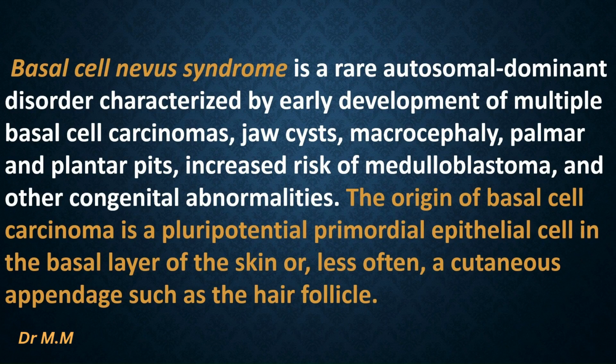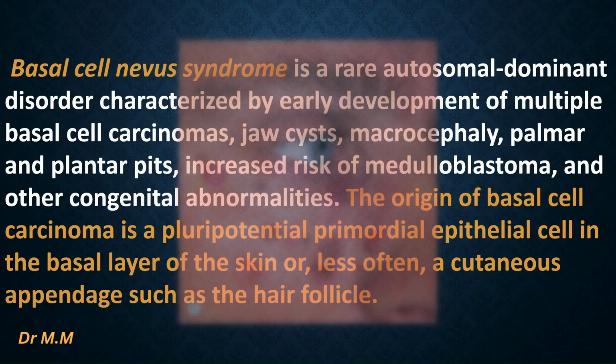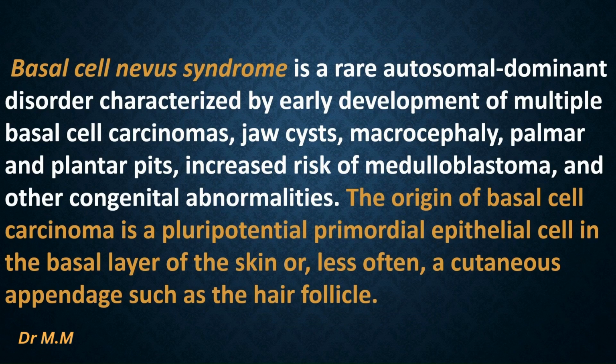Basal cell nevus syndrome is a rare autosomal dominant disorder characterized by early development of multiple basal cell carcinomas, jaw cysts, macrocephaly, palmar and plantar pits, increased risk of medulloblastoma, and other congenital abnormalities.